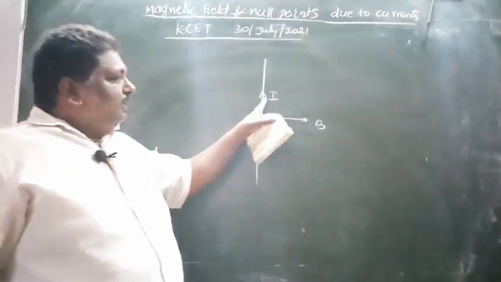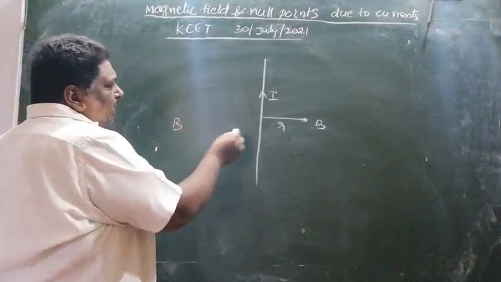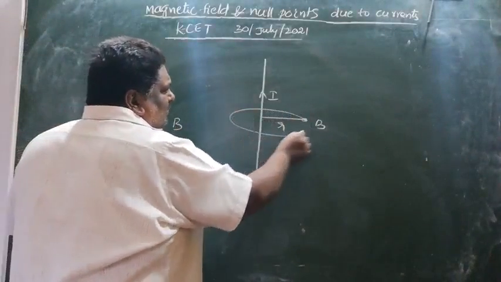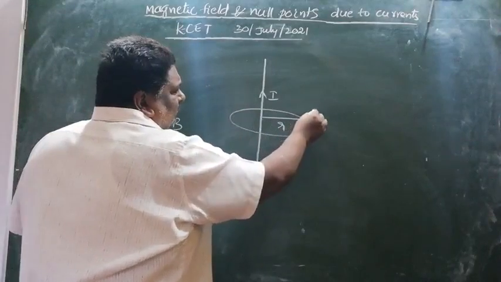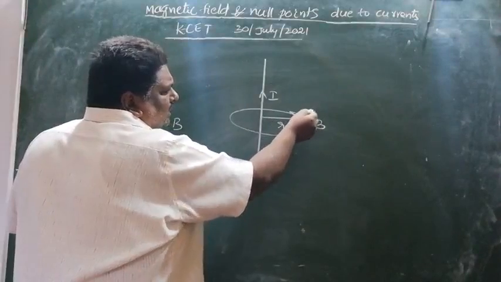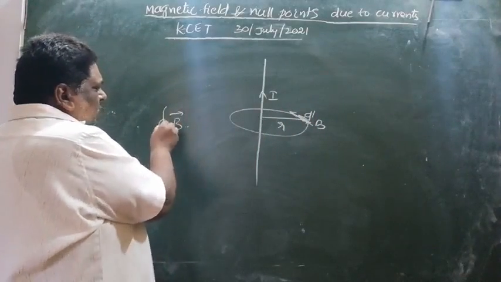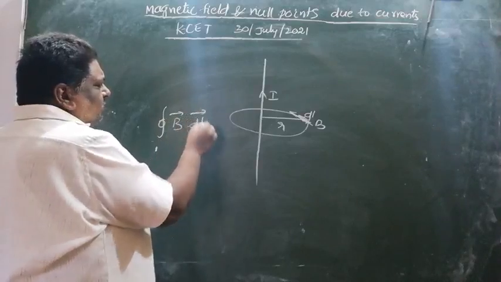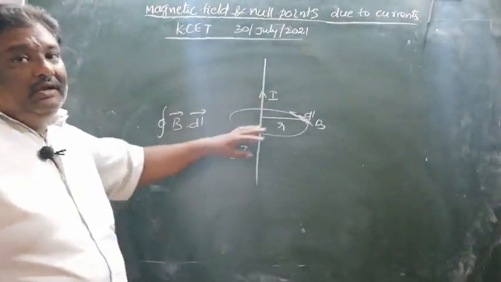So B is equal to, here one imaginary path is taken with r radius. Here is the path length dl. B and dl are both in the same direction. Therefore, integral of B bar dot dl bar is equal to mu naught times the net current passing through the enclosed loop.